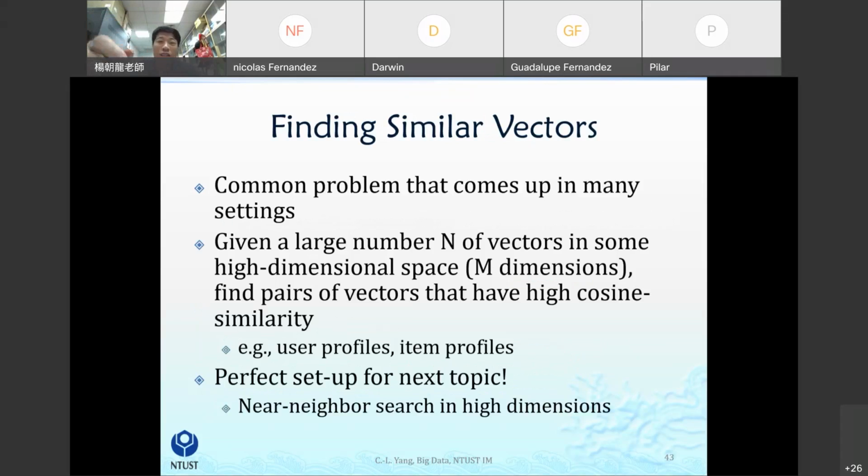You have different items, and you want to make sure that pairs of items are important, so it would be correlated to user profile and item profile. And also there is another issue: how to do near neighbor search in high dimensional data. High dimensional data is a little bit tricky, so it's also a very important question.